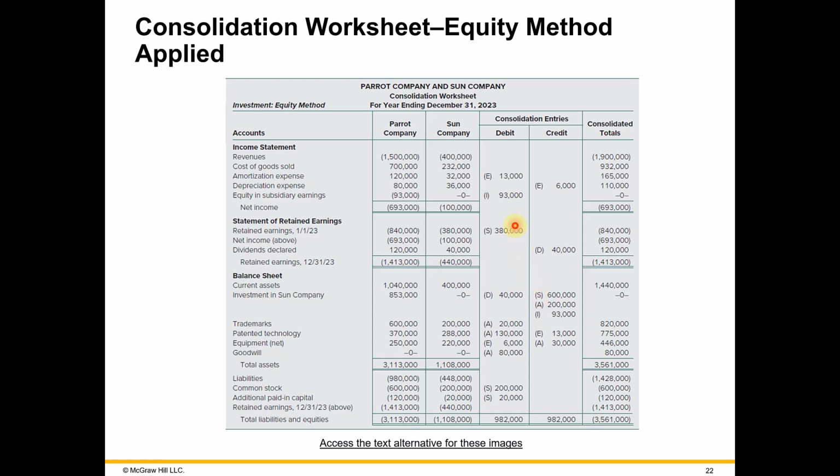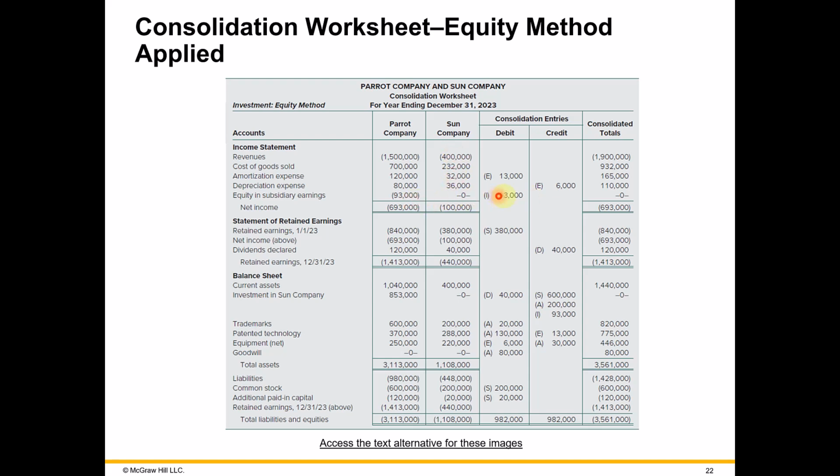Another thing here is the earnings from the sub reported by the parent. Remember, this is the 100,000 gross or really net income adjusted by 7,000 net amortization. Well, that gets eliminated. Now, why are we eliminating it? Because if you don't, you're double counting that profit, this profit of the sub, right?